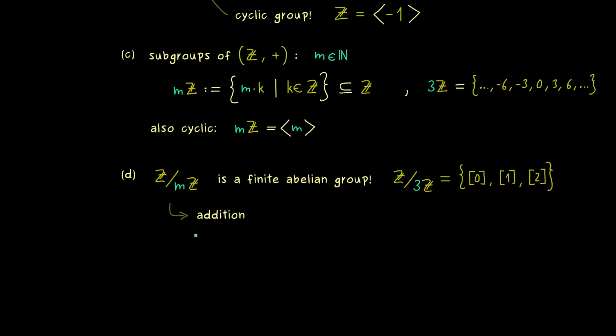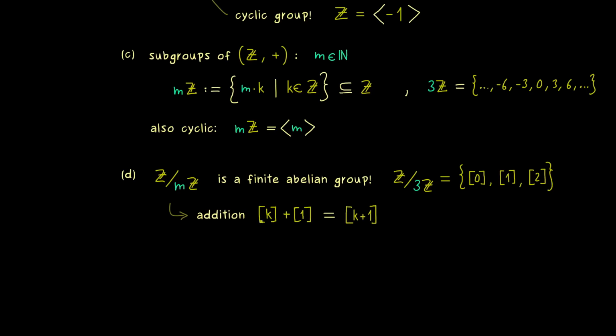And moreover, the addition of 2 equivalence classes is just defined by using the addition of the representatives. This means if you have any equivalence class given by the number k and you add up the equivalence class given by the number 1, then by definition the result is the equivalence class of k plus 1.